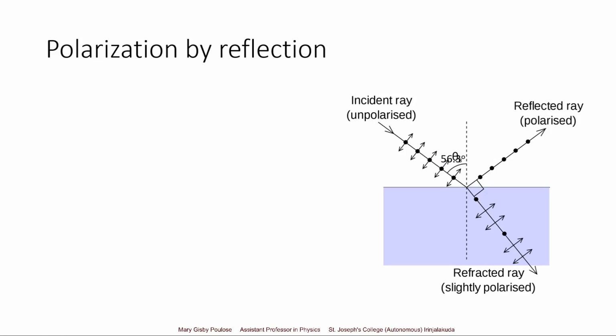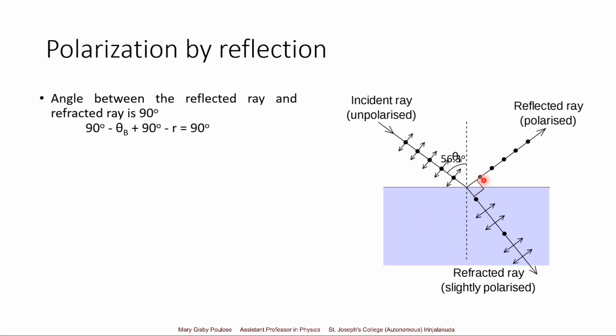When light is incident on a surface at the polarizing angle theta b, the reflected light is completely polarized and the refracted light is partially polarized. The angle between the reflected ray and the refracted ray will be 90 degrees.